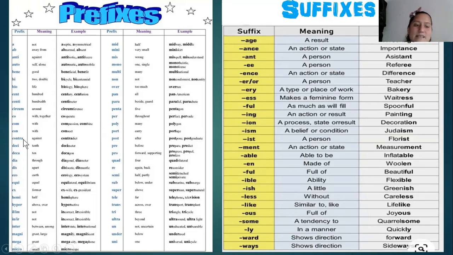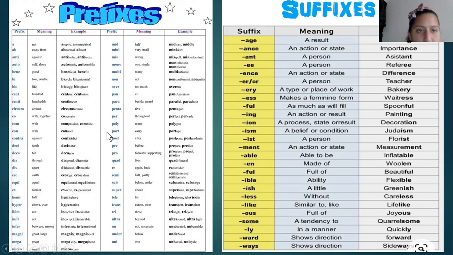Contra, that is like Spanish, against, contradict. Dia, through. Dis, this is apart. The meaning of this is apart. Dislocate, dismantle, disrespectful, it's like the opposite.